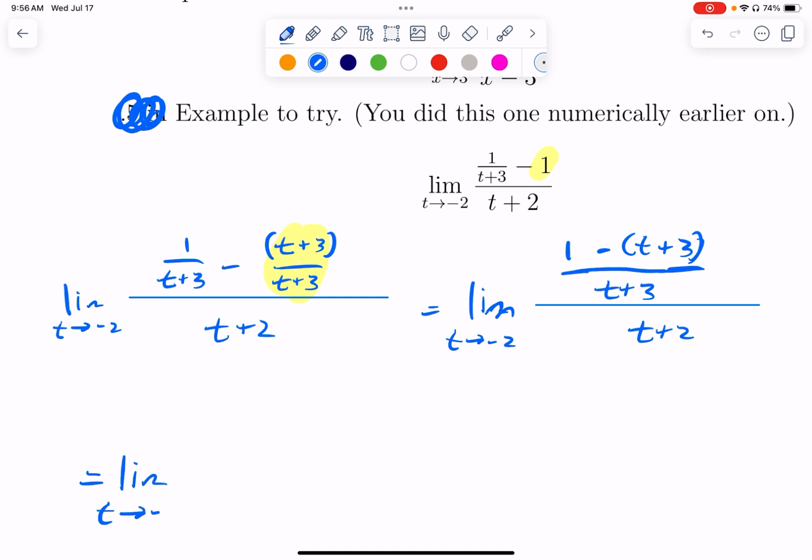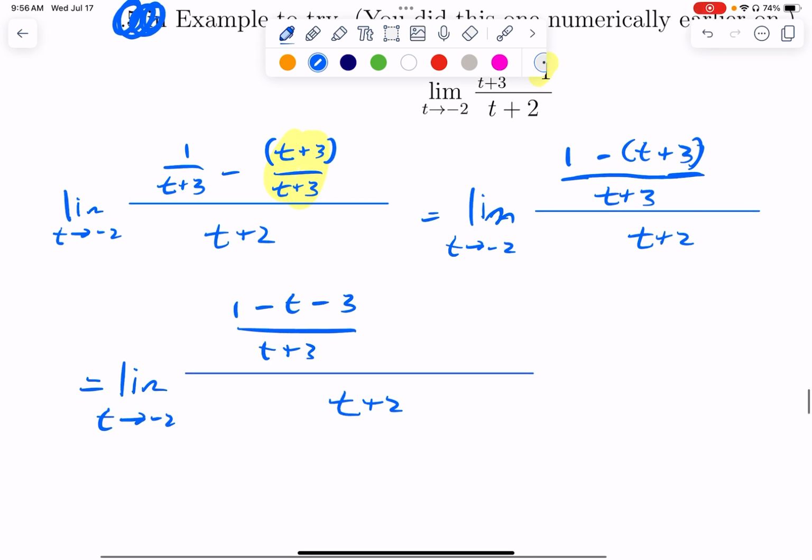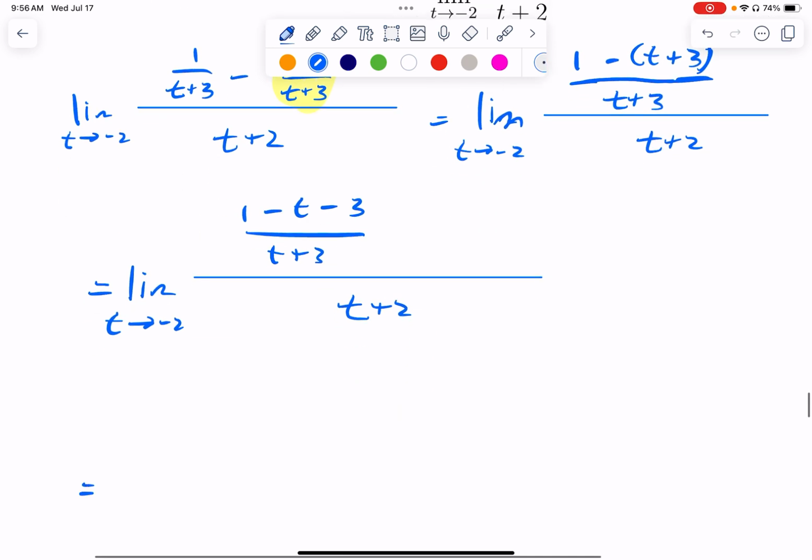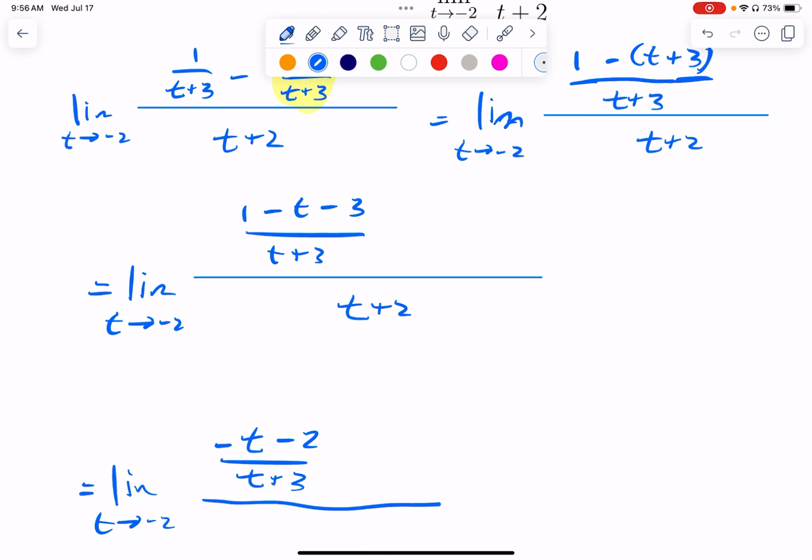So when we simplify that, we have 1 minus t minus 3 over t plus 3. So that is negative t minus 2 over t plus 3, and that is all over t plus 2.